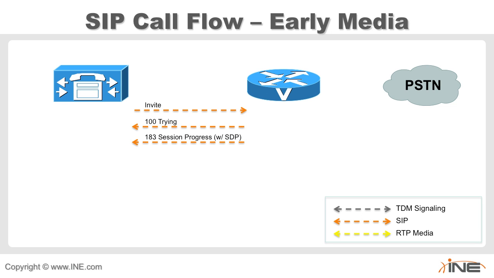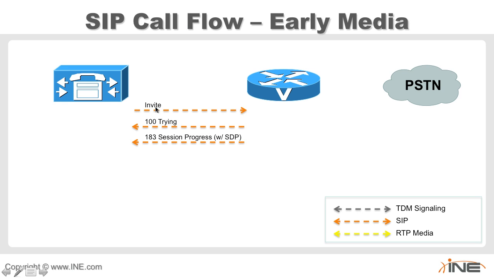It actually can send the SDP in the 180 ringing message, or it can send the SDP in the 183 session progress message. Just depends on what each, either IOS gateway or carrier, whatever it's configured to do.